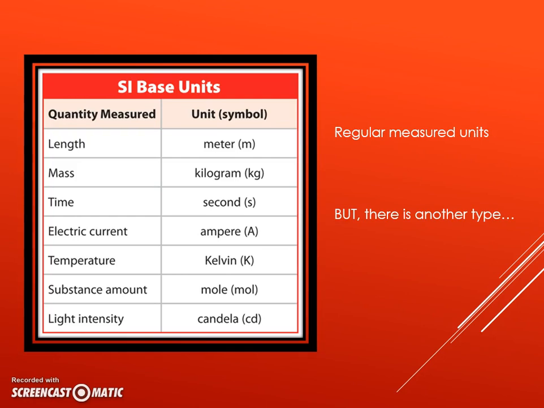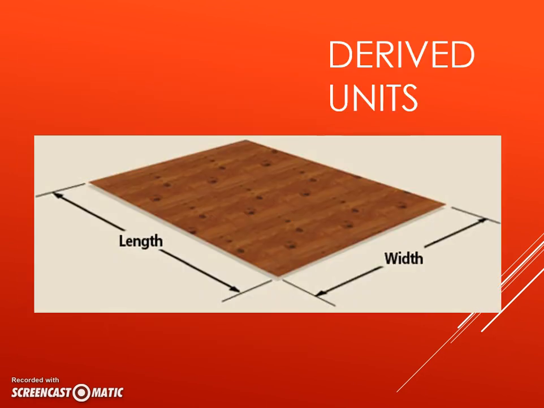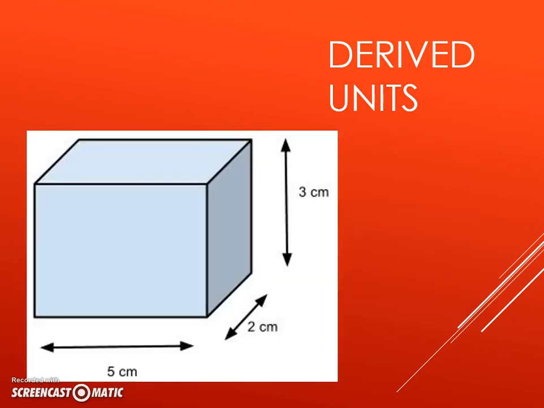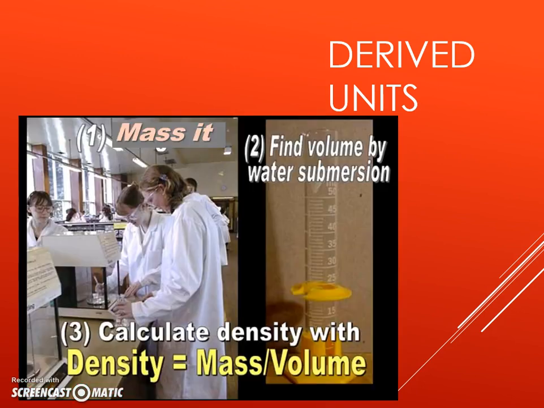There are other units too that are derived units. And derived units, you notice that I have to make 2 measurements to find area. Okay? And then I have to multiply them to find area. And in volume, I have to take 3 different measurements, the length, the height, and the width of it. And so this one I have to make 3 different measurements, and then I have to multiply it.